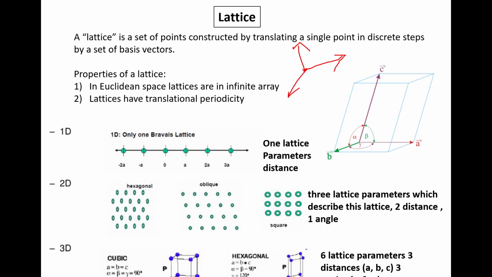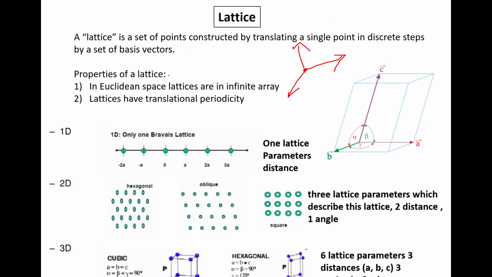For a crystal it was a unit cell, because the unit cell is made up of lattices. So we are going inside the unit cell. To make a unit cell you have a single point of atom that is translating in the x, y and z direction and forming a lattice.